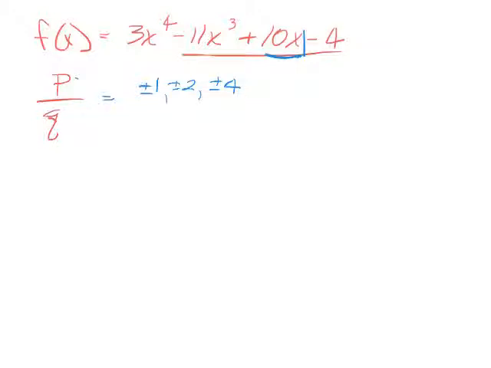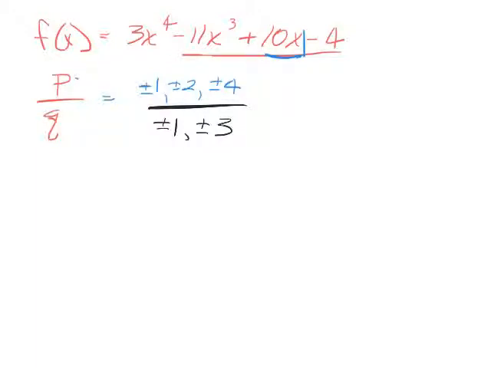Those are my factors, because I could take a +1 times a -4, a +4 times a -1, a +2 times a -2, and a -2 times a +2. Anyway, those are my factors for 4. If I look at my factors for 3, my Q, I get plus or minus 1 and plus or minus 3. Those are my options.